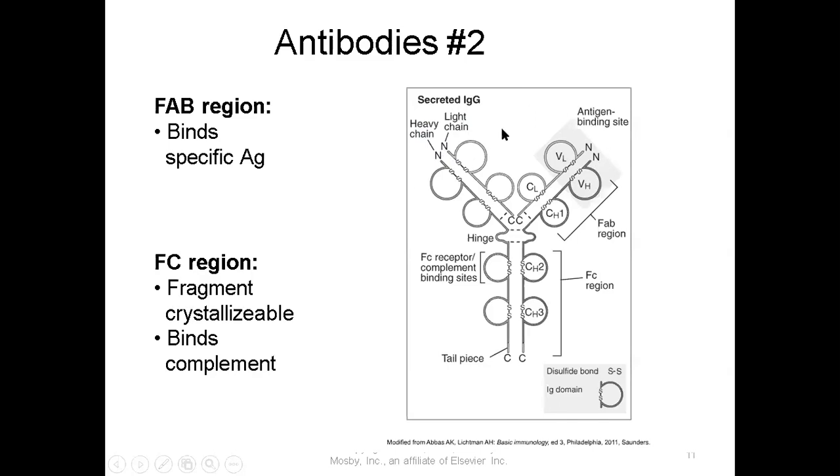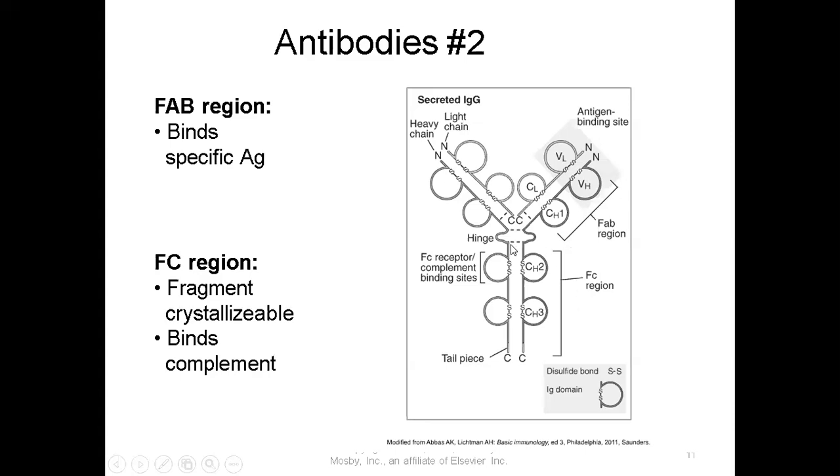When you look at this picture, you can see that a basic immunoglobulin molecule, and this would represent immunoglobulin G, or IgG, basically has 2 antigen binding sites. That's important to remember. So IgG has 2, and that's FAB in the Y region.